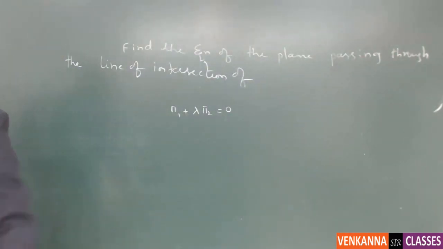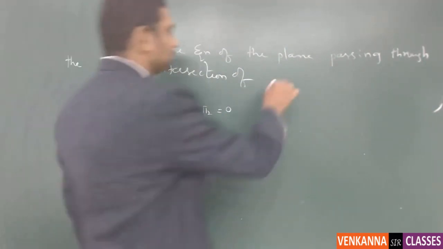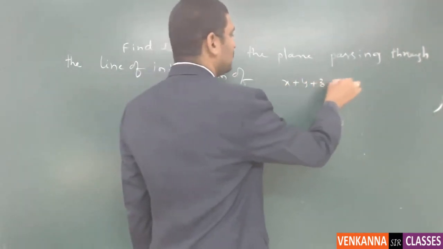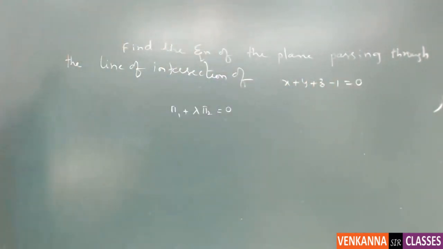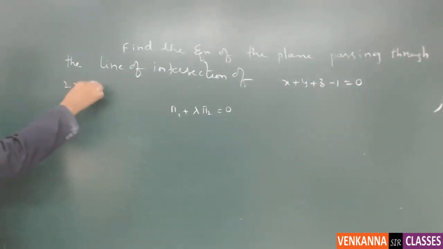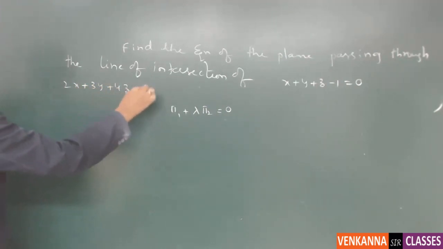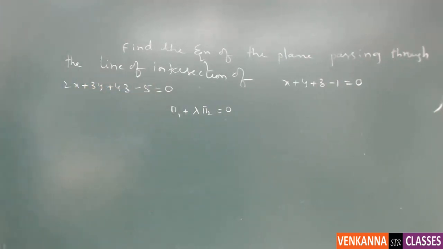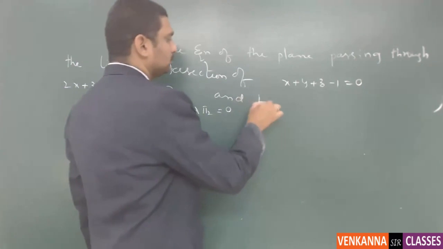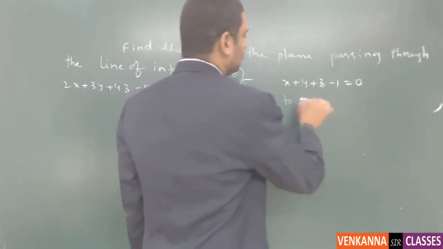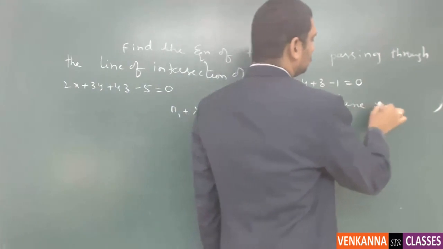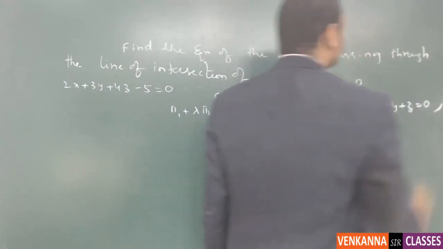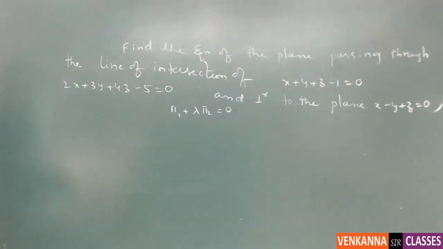So find the equation of the plane passing through the line of intersection of x plus y plus z minus 1 equal to 0 and 2x plus 3y plus 4z minus 5 equal to 0 and perpendicular to the plane x minus y plus z equal to 0.